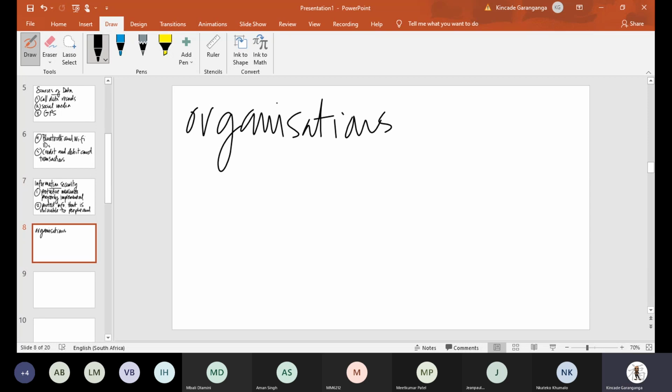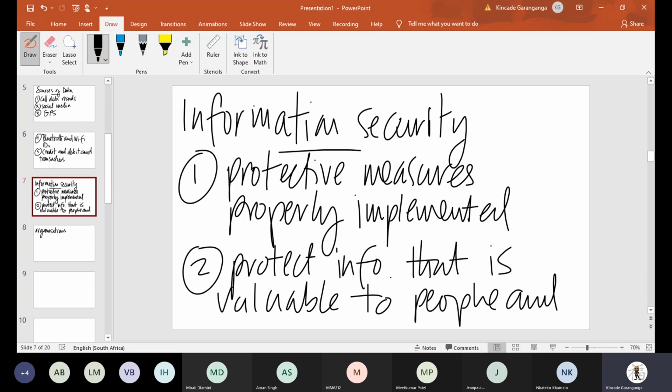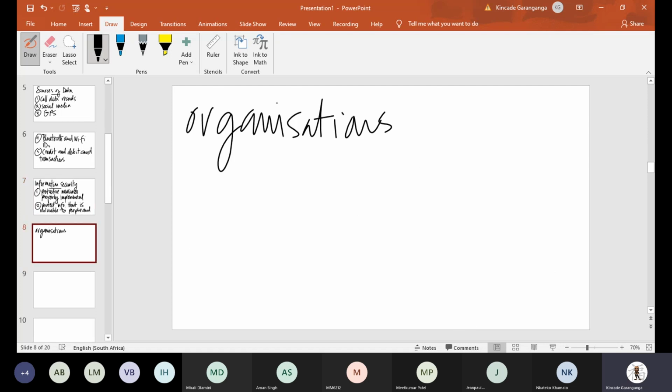But what is it that you're actually protecting? So if you look at the second one, protect information that is valuable to people and organizations, right? What is it that you're actually protecting? So you've got three characteristics that must be protected, right?